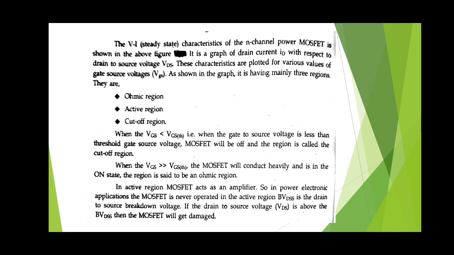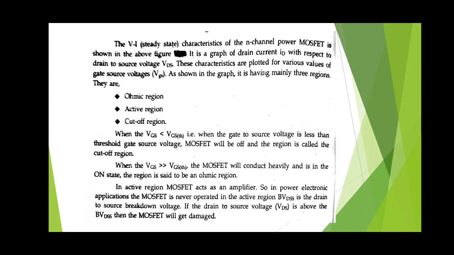So in the cutoff region, the drain current is negligible and the MOSFET is said to be in off state. MOSFET is driven in cutoff region by applying VGS less than VGS threshold. Here VGS threshold is the threshold gate source voltage.